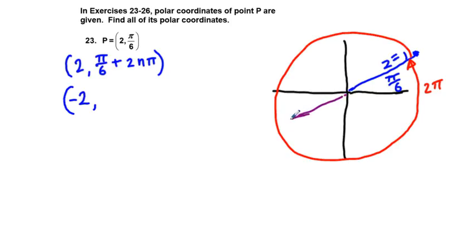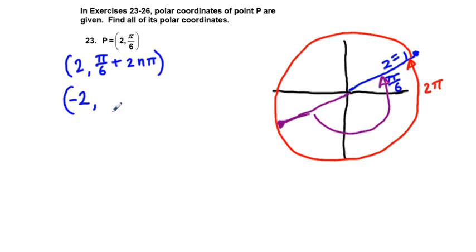So with an angle of pi over 6, -2 would come over here to where this purple line segment ends on this circle with a radius of 2. And for that, what we have to do is rotate by pi to get back to the original location of this 2 comma pi over 6.